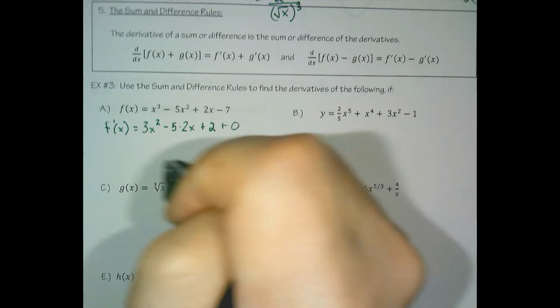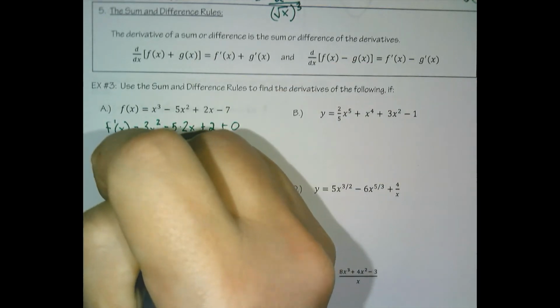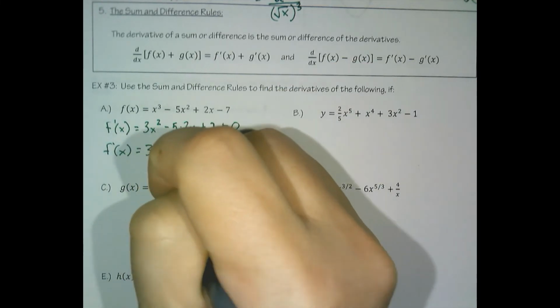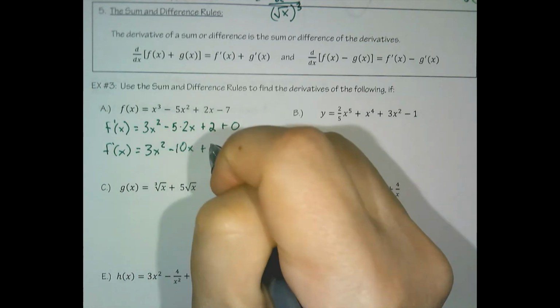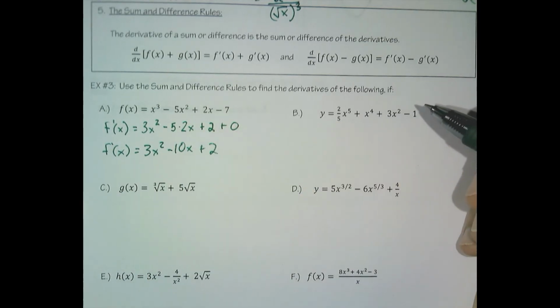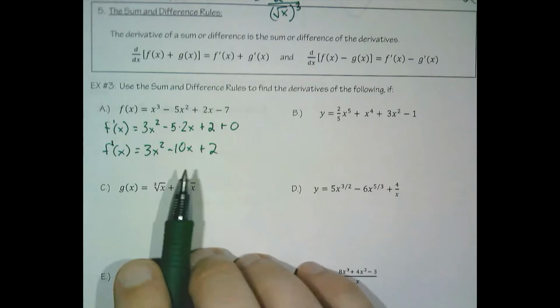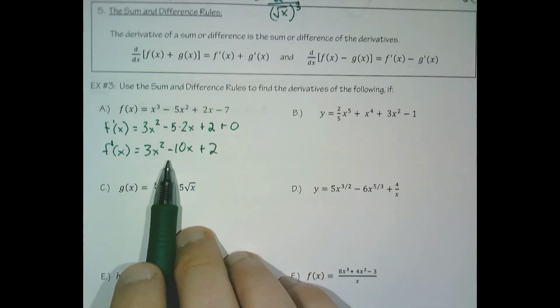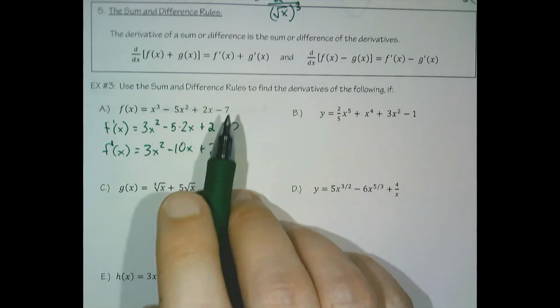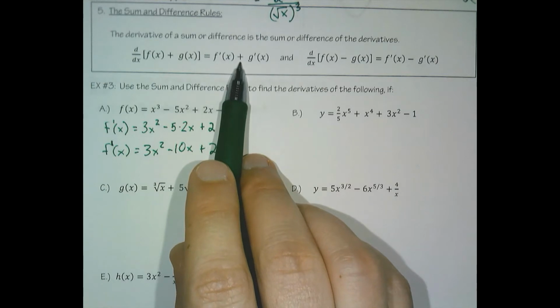And if we were to clean all of that up, we get 3x squared minus 10x plus 2. Okay? And this is going to be pretty commonplace where we've got things being added together.